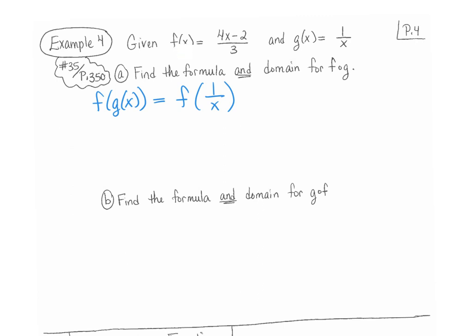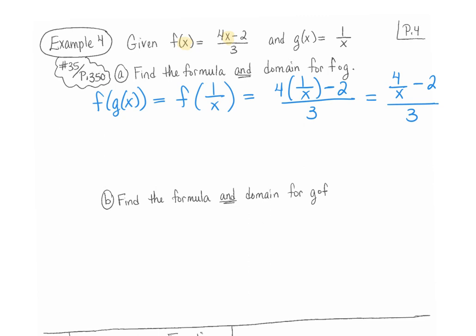So we're going to highlight this x there because that's where we're now putting 1 over x. So this is equal to 4 times 1 over x minus 2, all over 3. And we can simplify, making this a little bit nicer. So this becomes (4 over x minus 2), all of that over 3.